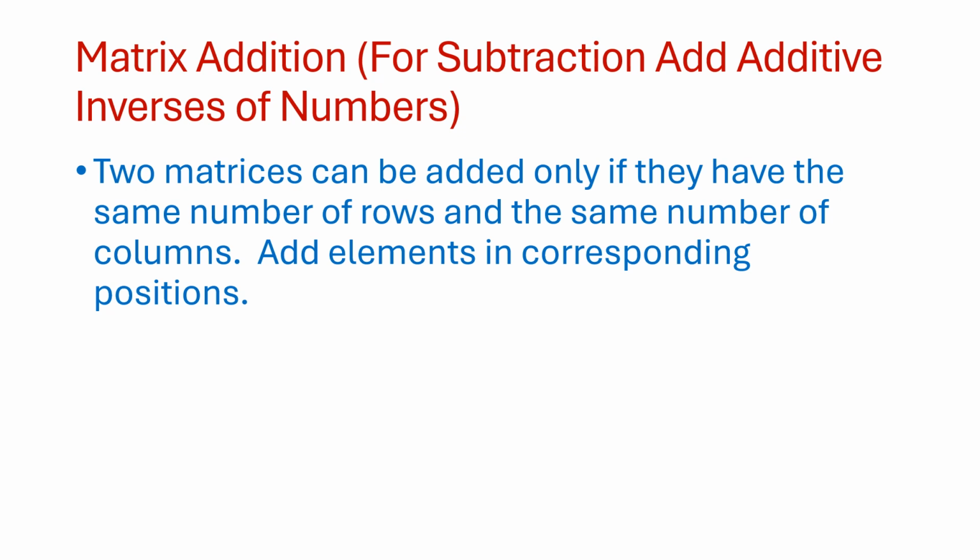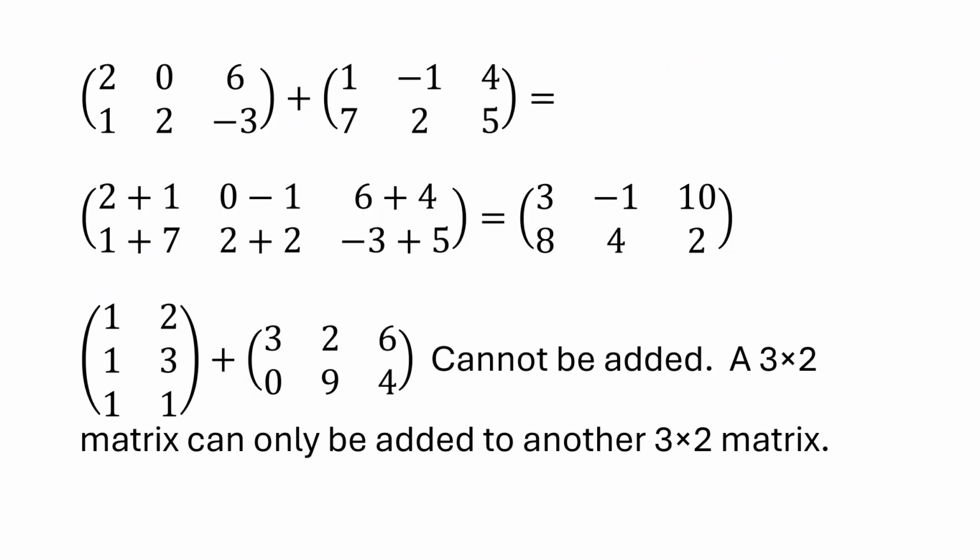So here's an example. I have a 2 by 3 matrix with various numbers, and another 2 by 3 matrix with various numbers, and an addition sign. And we're going to say this equals. Now, how do we do this?